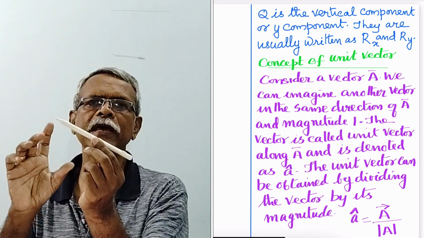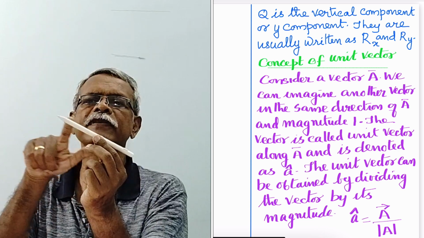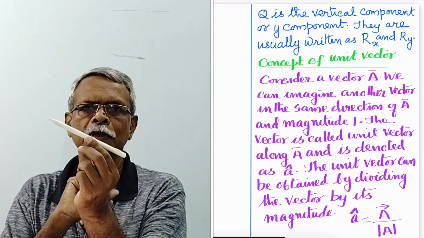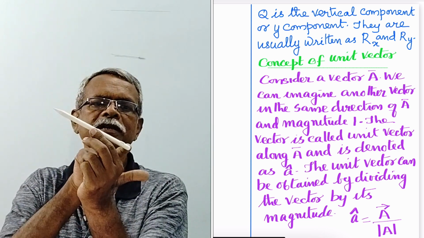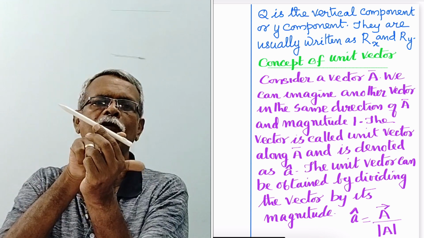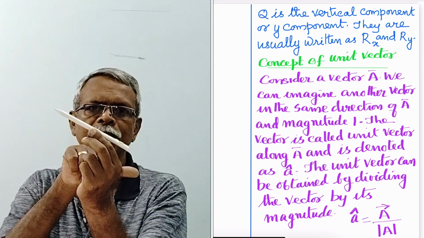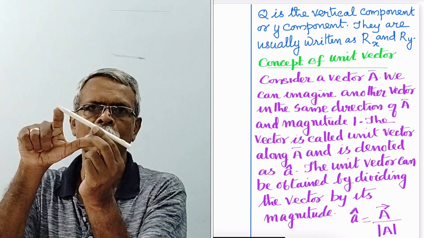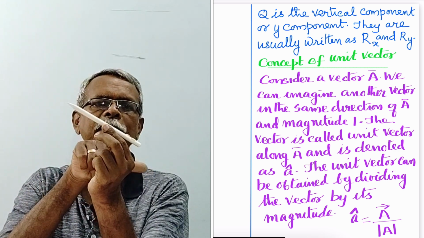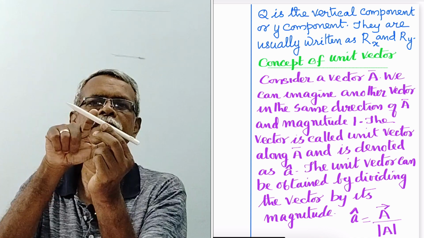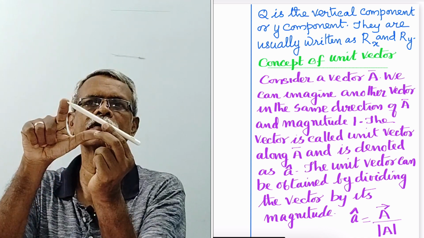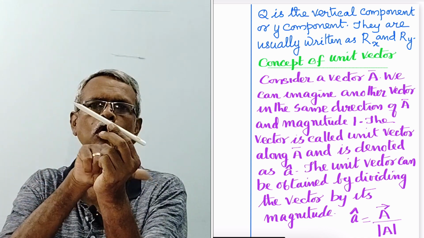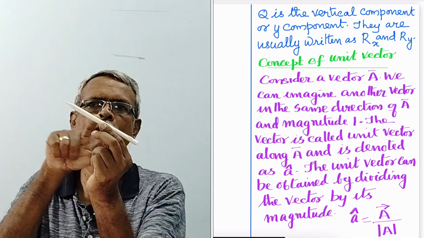And by scaling, we take this as 5 centimeter long. Then I can imagine a vector having 1 centimeter length and direction same as this vector. If I take 1 centimeter here, 1 centimeter here, 1 centimeter here, 1 centimeter here, 1 centimeter here, that will totally give me a 5 centimeter long vector.